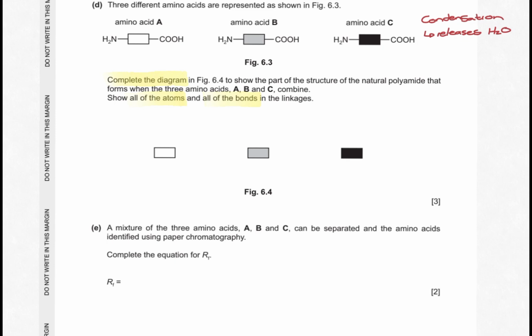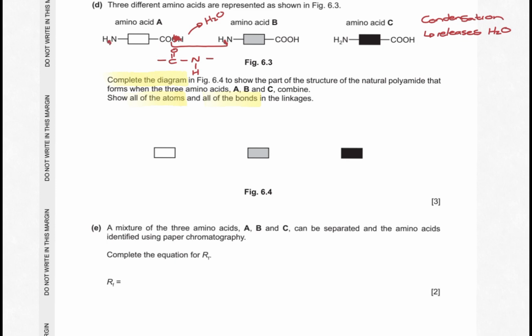So we can go and look at the OH from amino acid A, as well as one of the hydrogens from amino acid B will be used to form H2O, meaning that we are left with a CO from amino acid A and an NH from amino acid B. So this means that these will bond kind of like this.